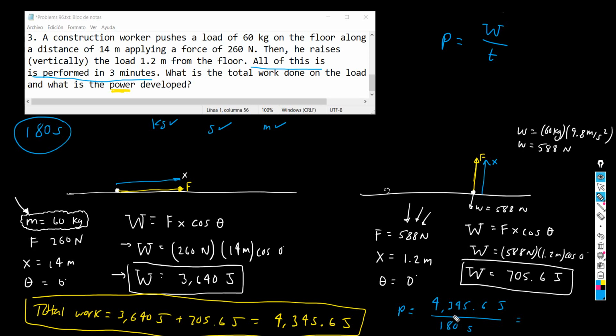We calculate this value and we get 24.14 joules per second. And I told you that when you have the unit joules per second, you can abbreviate it as watts. You can leave it like this, that's perfect, but you can also use the unit watts. So the power developed by the construction worker is 24.14 watts. And that solves the problem completely.